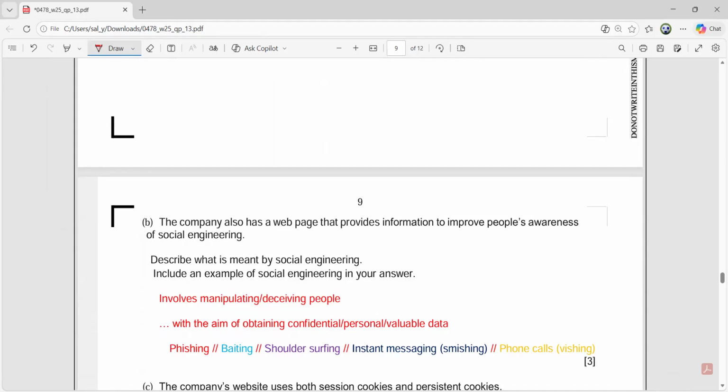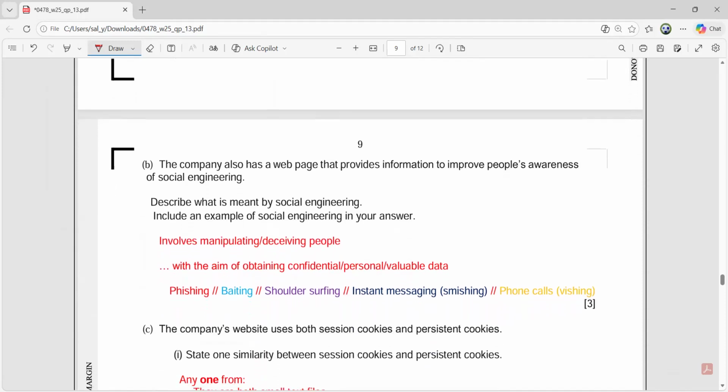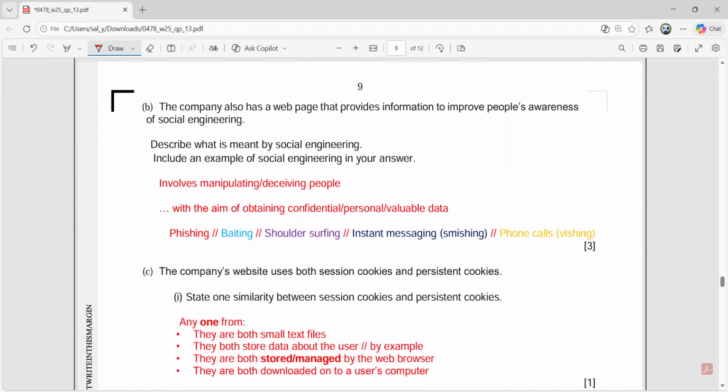That will give you 2 marks. And the example: phishing, baiting, shoulder surfing, instant messaging, which is also called smishing, or phone calls being made, which is called vishing. In this manner, any one example quoted properly will give you 3 out of 3. 2 marks for the description and 1 mark for the example.